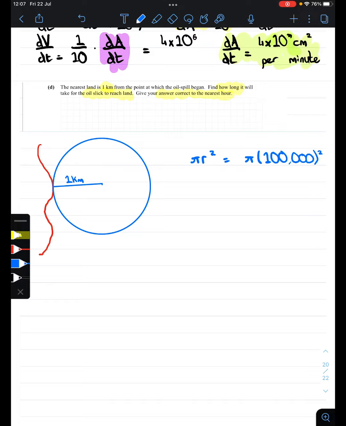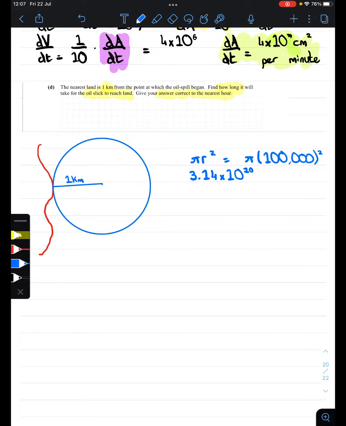So that's 100,000 squared times pi, which is 3.14 by 10 to the power of 10. So the area at this point is 3.14 by 10 to the 10.